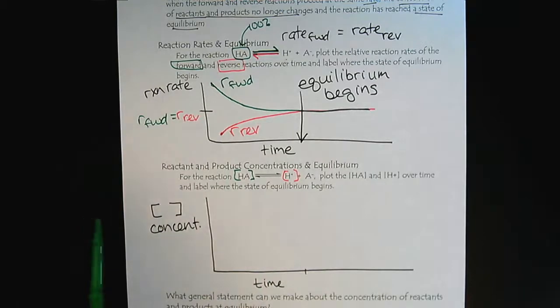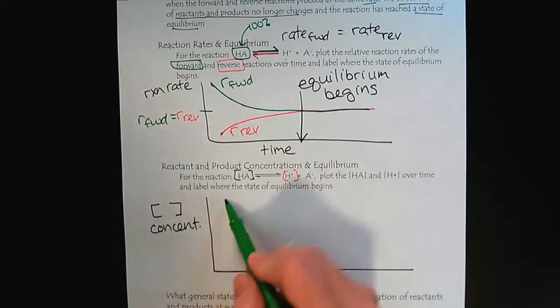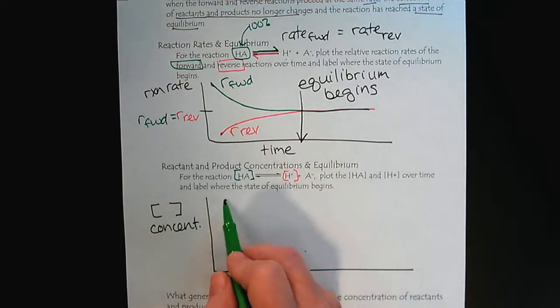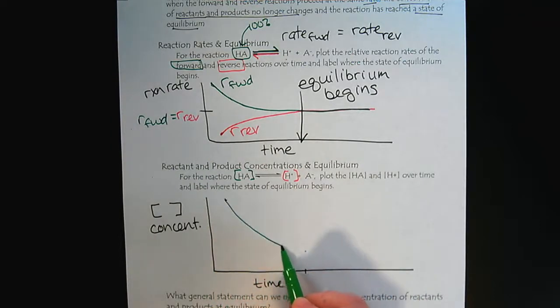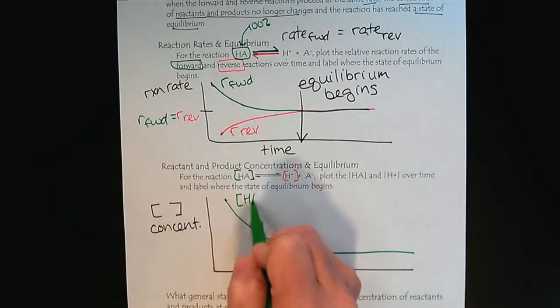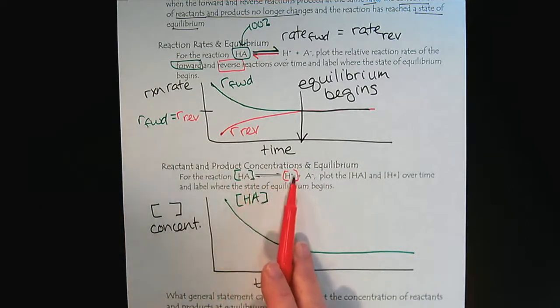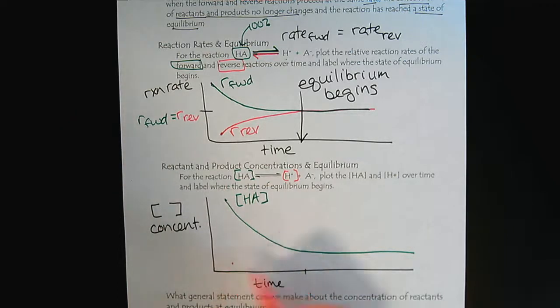since that's related to the acidity. Initially all we have is HA, so the concentration is very high, but it will drop, and then at equilibrium it flattens out. So this would be the concentration of HA. Now initially all we have is HA. The forward reaction proceeds and we start to produce H plus.